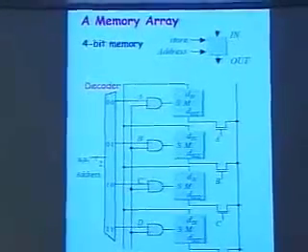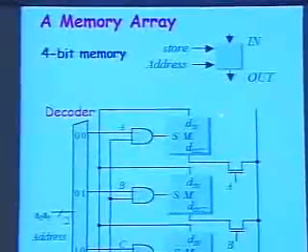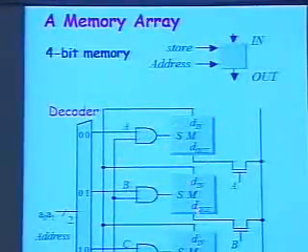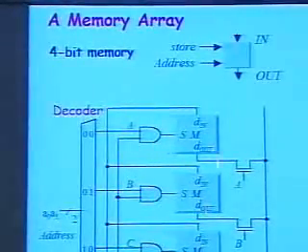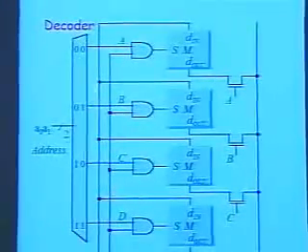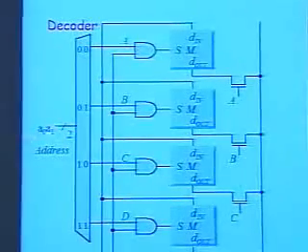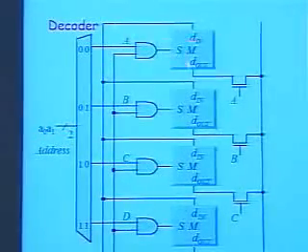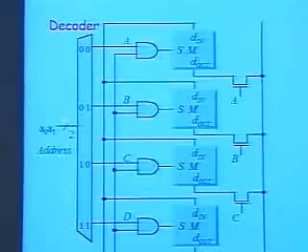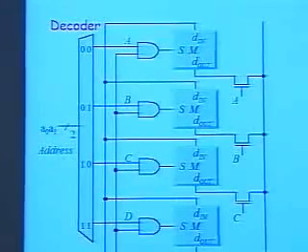You can see the memory cells that we were discussing here. There are 4 of them, so this is a 4-bit memory. There's a decoder at the beginning which decodes the address of each cell. So the input here will tell me which cell I need to address.